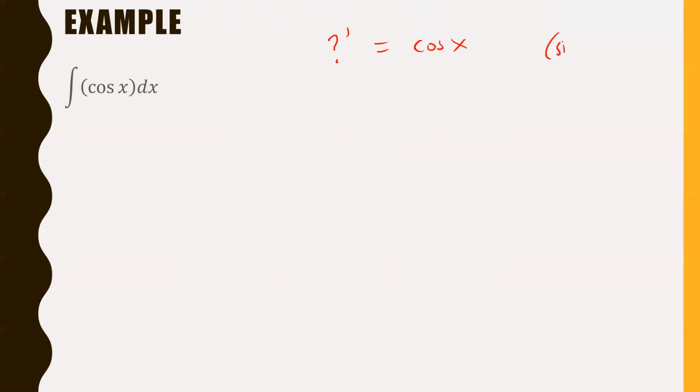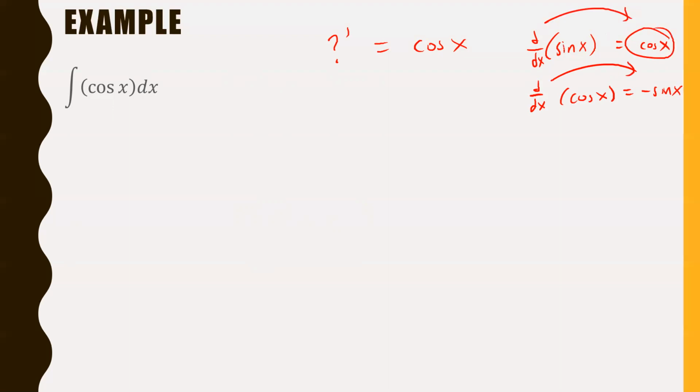The derivative of sine x is cos x, and I know the derivative of cosine x is negative sine x. Notice we're going derivative this way. If we're going to go backwards, since we're starting with cosine x, we can reasonably say that the antiderivative of cosine x is therefore positive sine x.